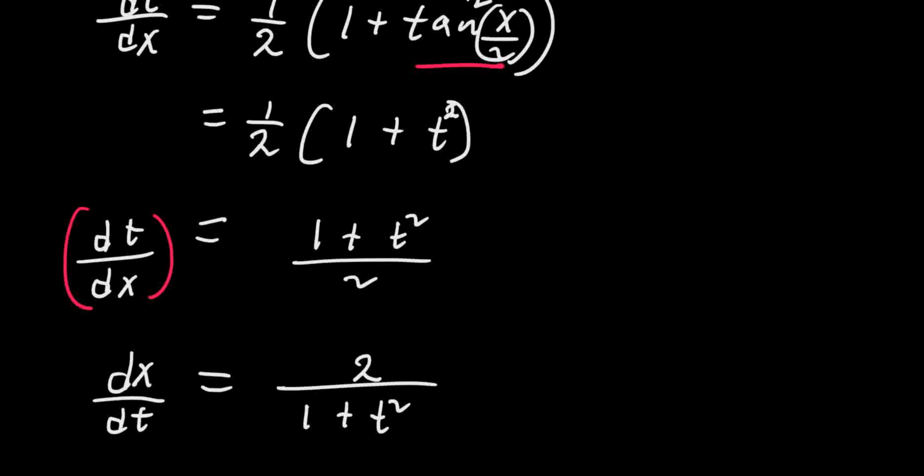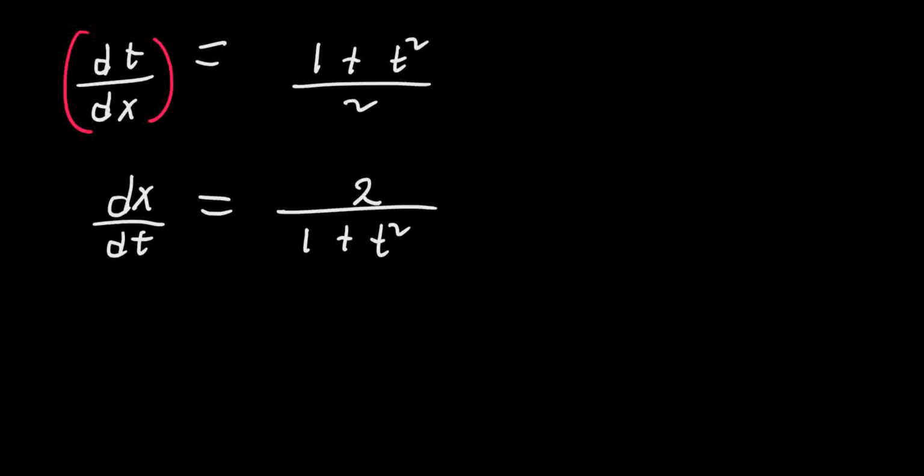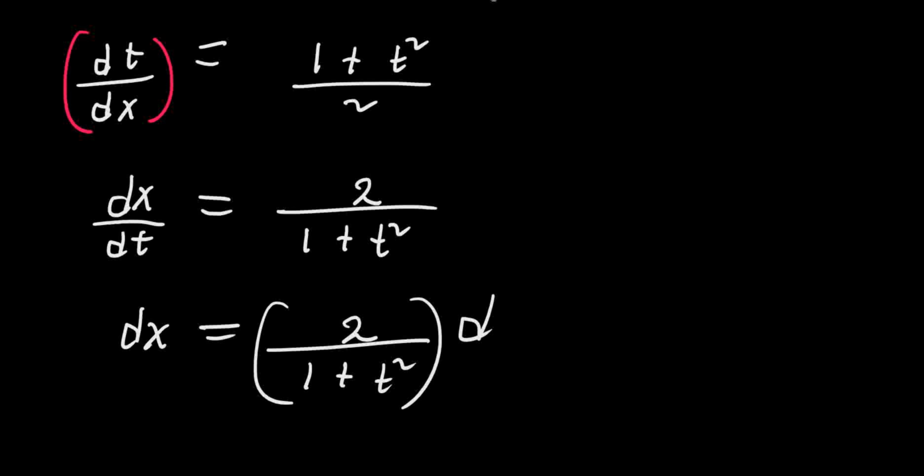So if we multiply both sides by dt, then dx will be equal to 2 over 1 plus t squared, put this in parentheses, dt.